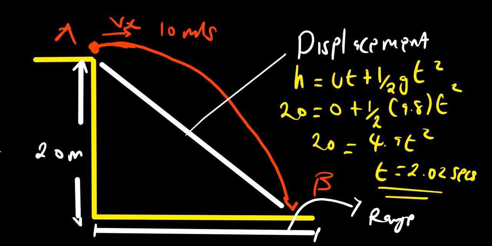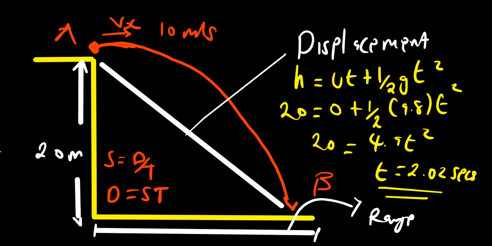Then how do you find the range? The range is the distance in the x direction. Like we earlier said, in the x direction your velocity doesn't change. Remember we said speed equals distance over time, so distance is just speed times time.